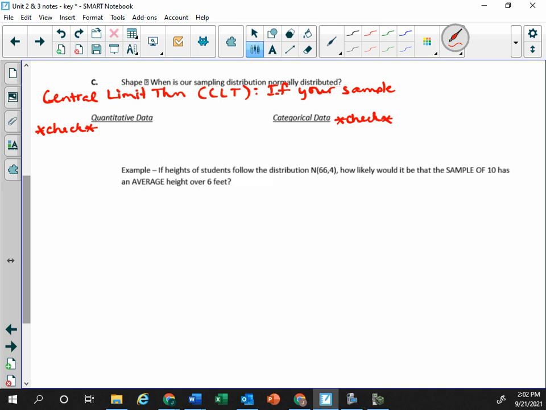So for quantitative data, the first check we have is to determine normality. So you're checking normality. Just say, is it normal? And right now there's a couple ways you can do that. You can have your sample size greater than or equal to 30, or the population is normally distributed.